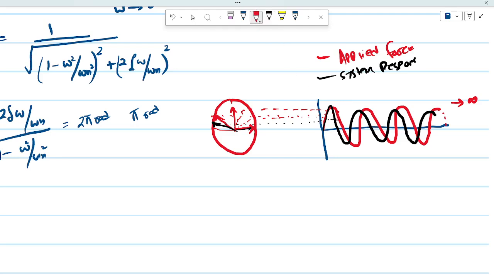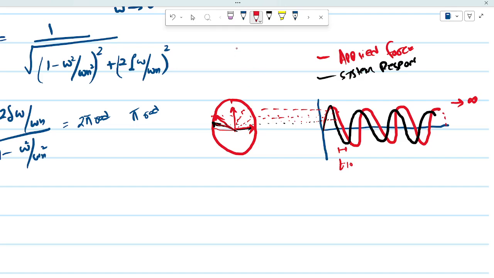if you draw the same phasor for the applied load, you will find some difference between them. Let's say at time t equals 10, this was the phasor of the system response, but at time 10 the phasor of the applied load was this one.